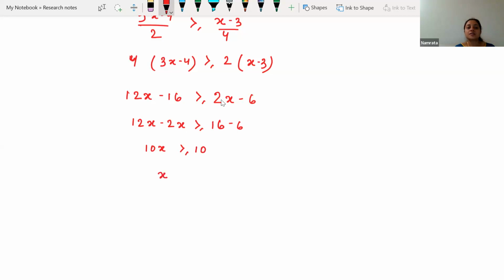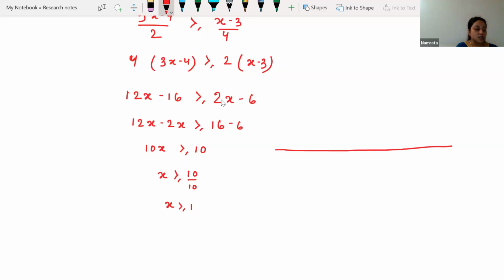So x, is it okay? Yes, ma'am. x is greater or equal to 10 by 10. We are just dividing by a positive number, no need to worry about the sign. x is greater or equal to 1.